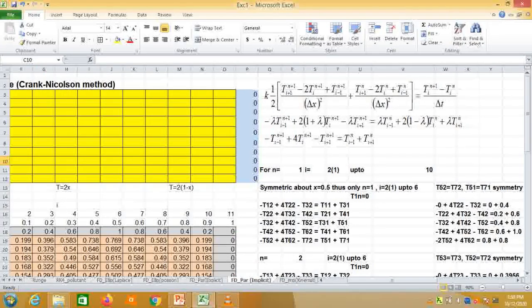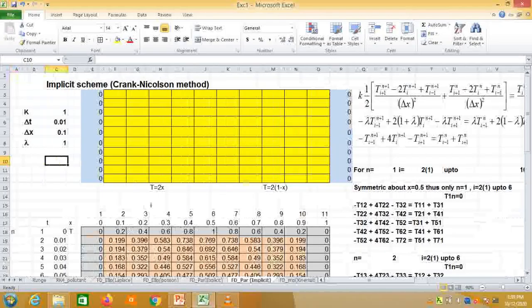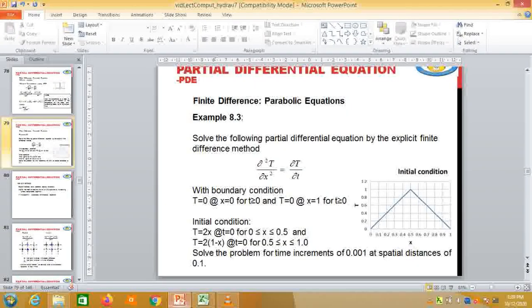But this time around, the value of k is still 1. We have just changed the value of delta t. Earlier, the value of delta t here was 0.001, and the spatial distance is 0.1. But we are going to increase the value of delta t.